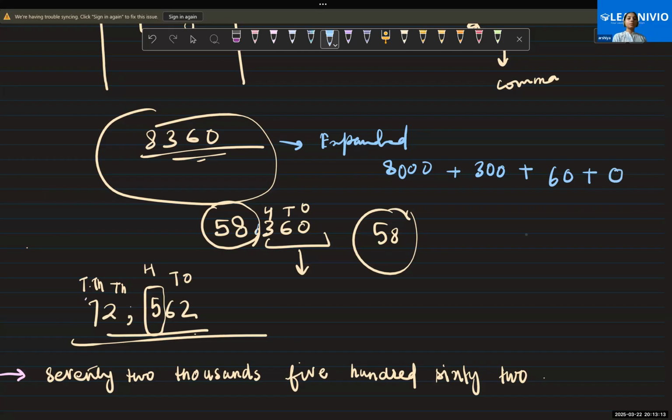Very good. Now, if it's not 8,000 but 58,000, what should I change? Can you tell again? I was saying, if instead of 8 I have 58,000, what should I add here?